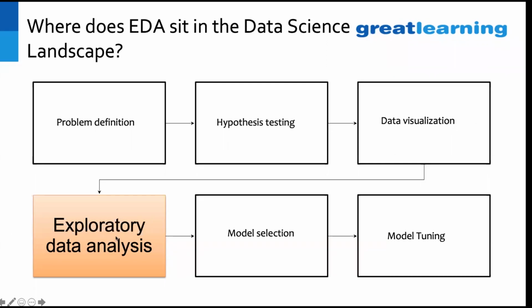Once you analyze all your data and get your initial results, you get into creating a model. Once the model is done, you test it, you feel that the model is working, and then you start applying it, and as the data comes in, you start tuning your model so that you get better and optimized results. That's the flow in which exploratory data analysis comes into play.